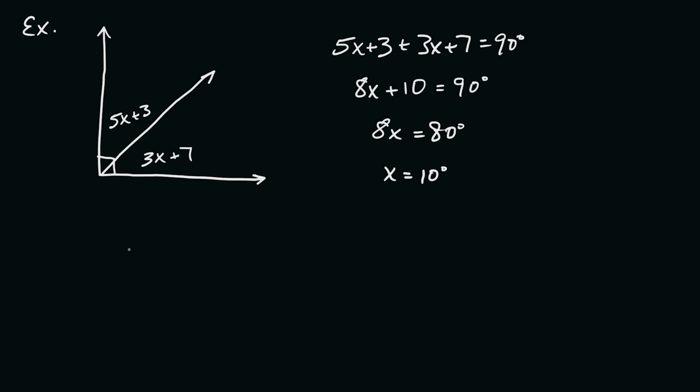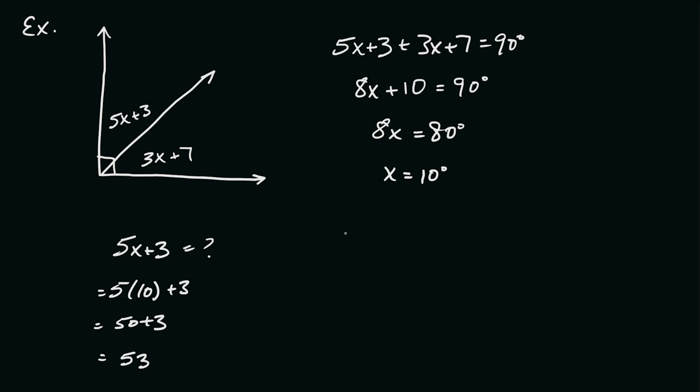So now let's solve for the individual angles here. 5x plus 3, where x equals 10, would just be 5 times 10 plus 3. And that will lead us to 50 plus 3 equals 53.